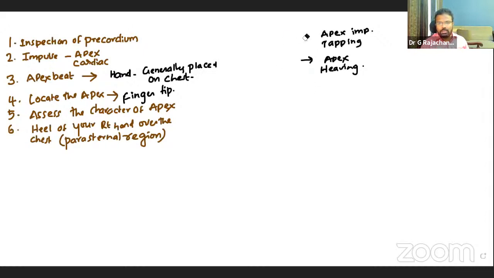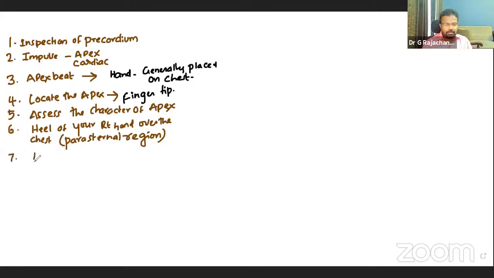So we are now done with the simple method of palpation. Only one thing is remaining for us, that is now it is the time for palpating for thrills. Okay, we need to look for thrill. Where do you palpate for thrill? We know that we have 4 regions on the chest.